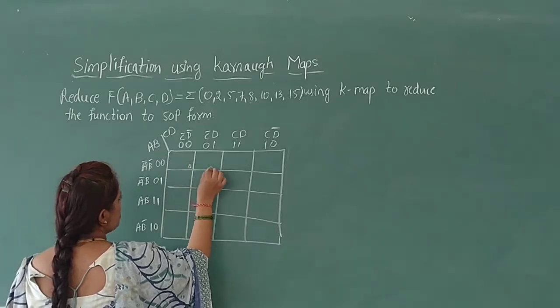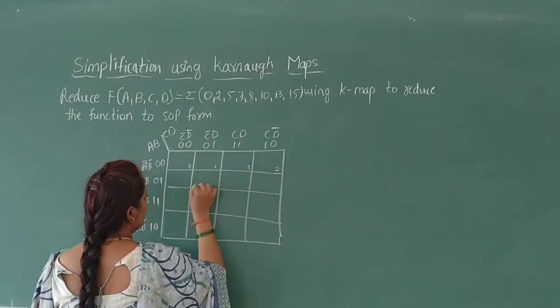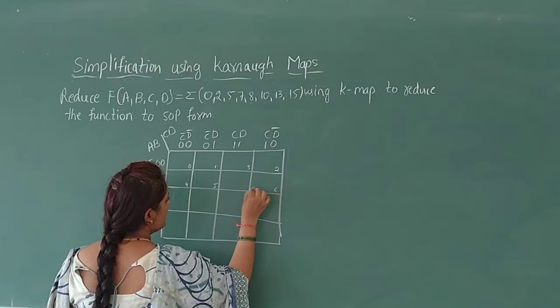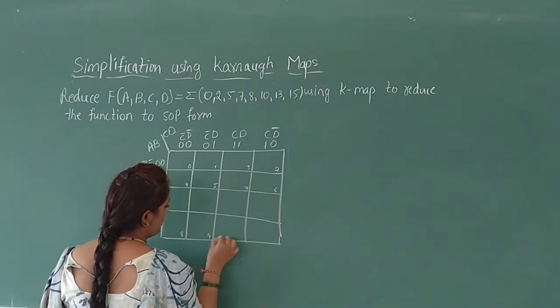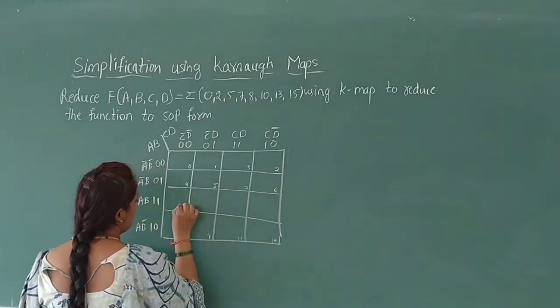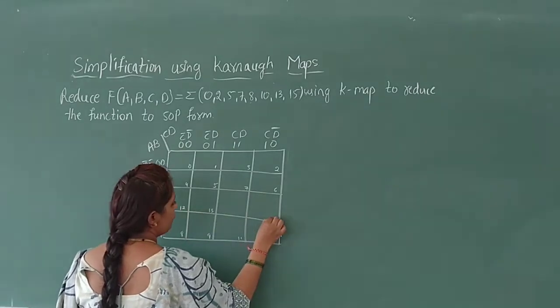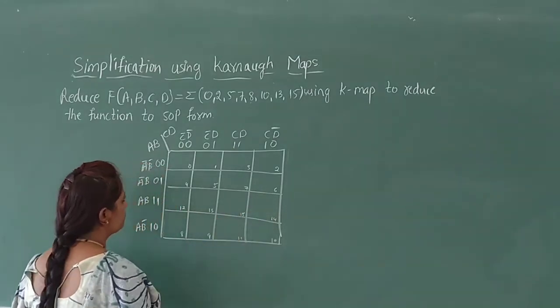And designation value 0, 1, 2, 3, 4, 5, 6, 7, 8, 9, 10, 11, 12, 13, 14, 15.